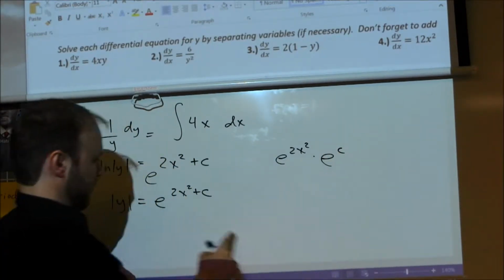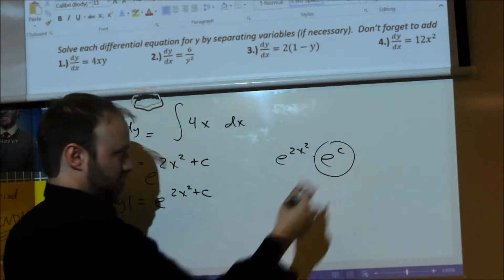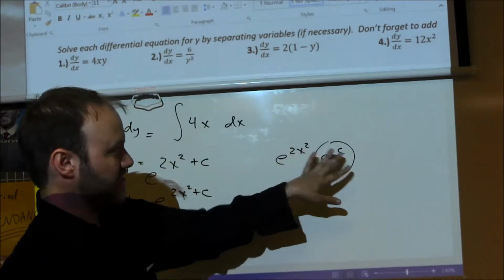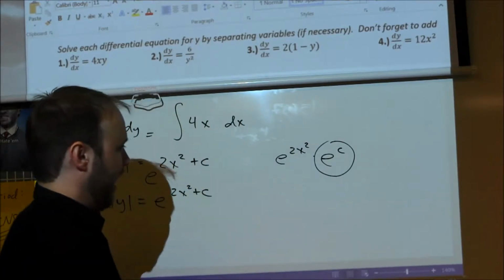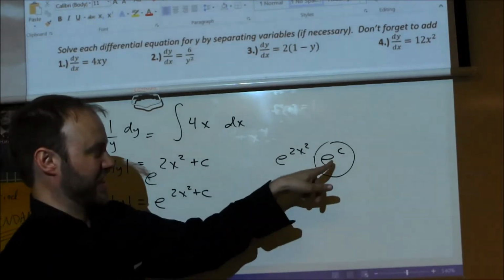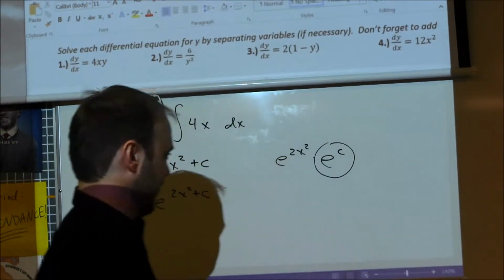That means you add the exponents, which is what gives you here. E to the c is 2.718 to the c power. That's a constant. And so a lot of times to simplify the equation and put this in a form that's closer to what you're used to working with, we'll say that we're going to let this e to the c equal some other variable. A lot of times we call it a c naught to represent the initial value.